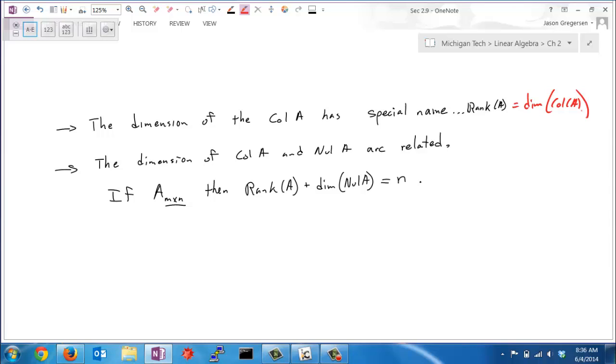The other important thing is the dimensions of the column space and the null space are related, which is kind of a weird thing when you think about it, because the column space and the null space are both subspaces of different spaces.